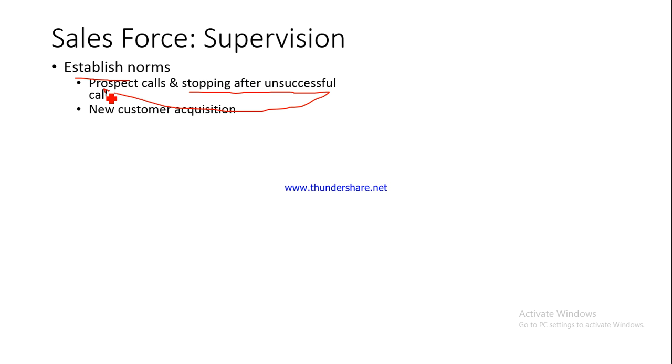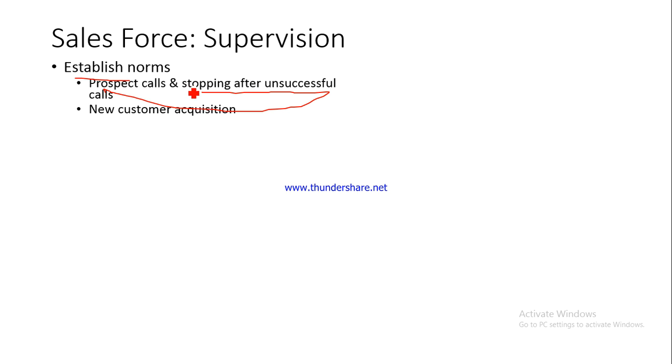There could be a norm that you should not visit the same prospect more than 5 times. If the prospect is not converted in 5 occasions, the salesperson would be expected to stop calling that prospect altogether and start focusing on other prospects. So there are norms for stopping after how many unsuccessful calls.